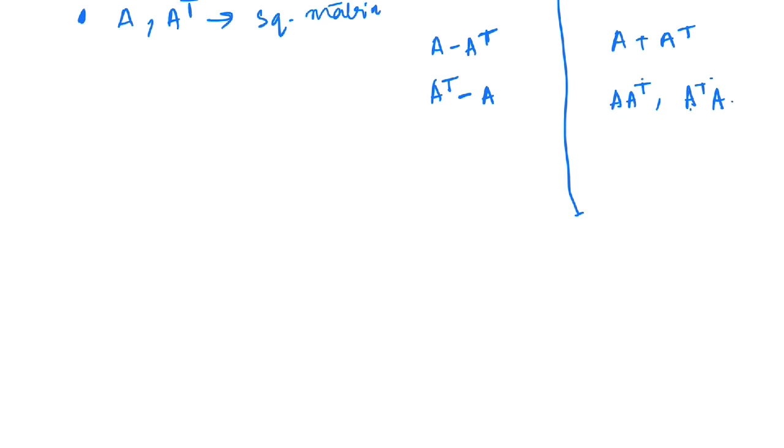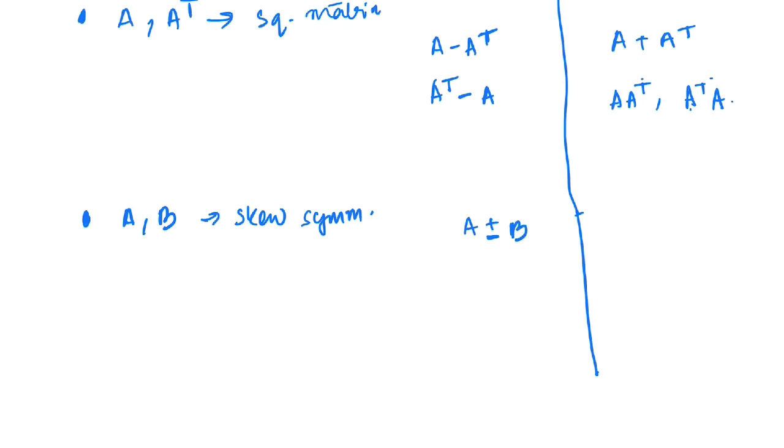So this is done. Now we have our third condition. Let's say A and B are both skew symmetric. Now again we are going to extend this column. Your A plus B or A minus B will be skew symmetric.